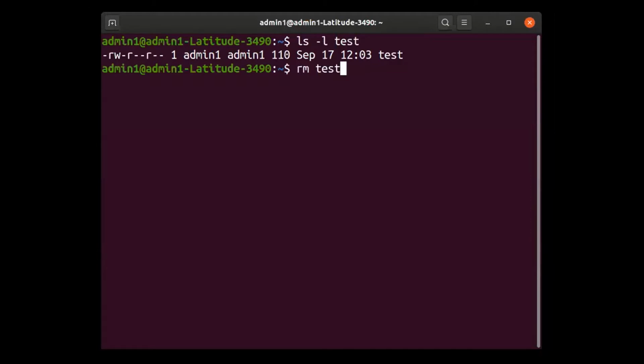Okay. Take down. Unix supports two ways of changing file permissions. The first one is symbolic mode.